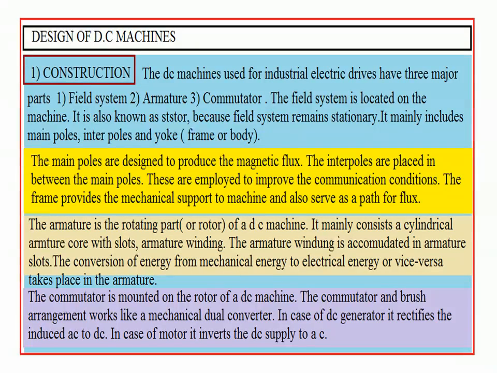In case of a DC generator, it rectifies the induced AC voltage and converts it into DC; it acts as a rectifier. In case of a motor, we supply DC current to the commutator, hence it inverts the DC supply to AC in the armature circuit.